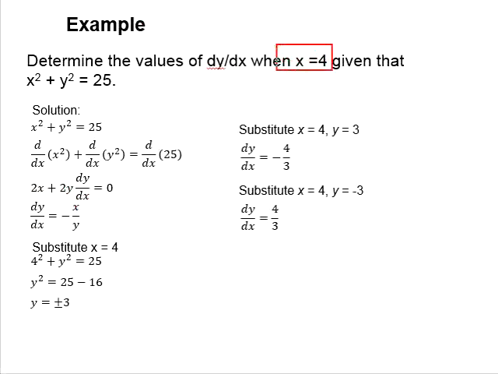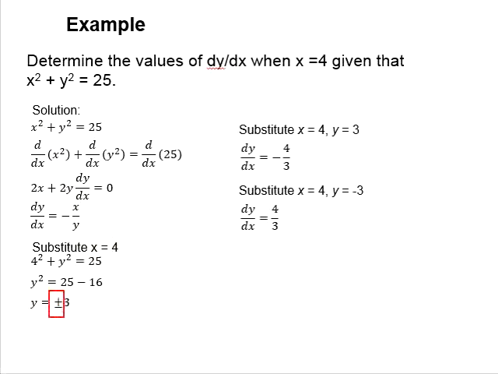Knowing that x is equal to 4, we need to determine y. This can be obtained from the equation x squared plus y squared equals 25. Substitute x equals 4 into the equation here. You will get y equals plus minus 3.